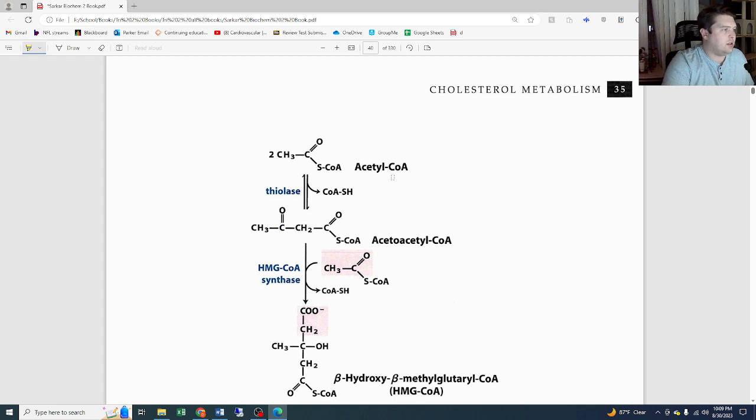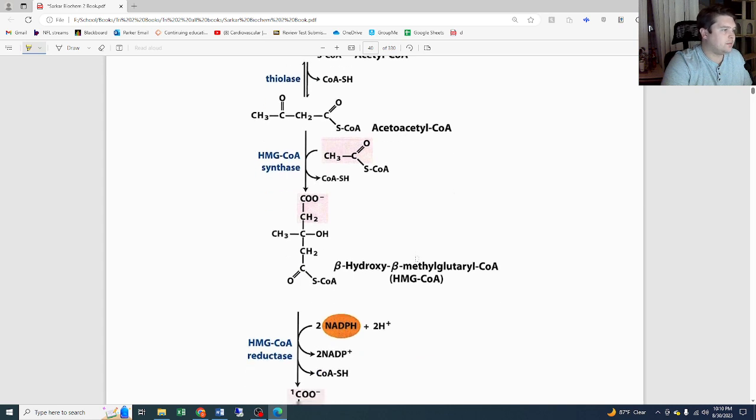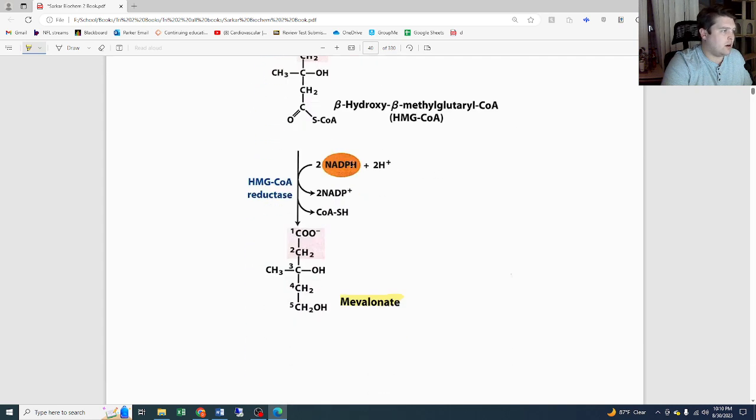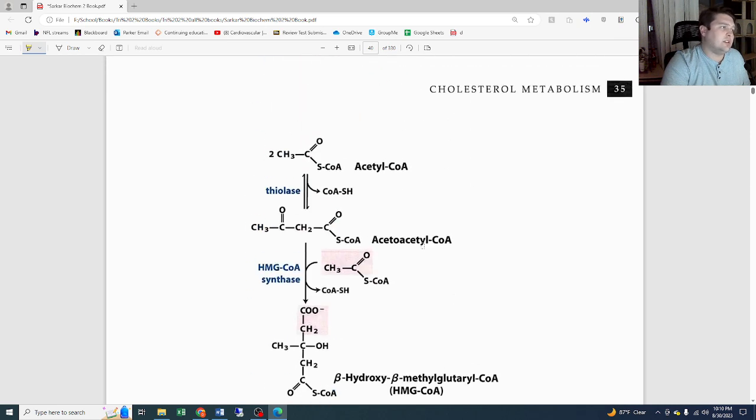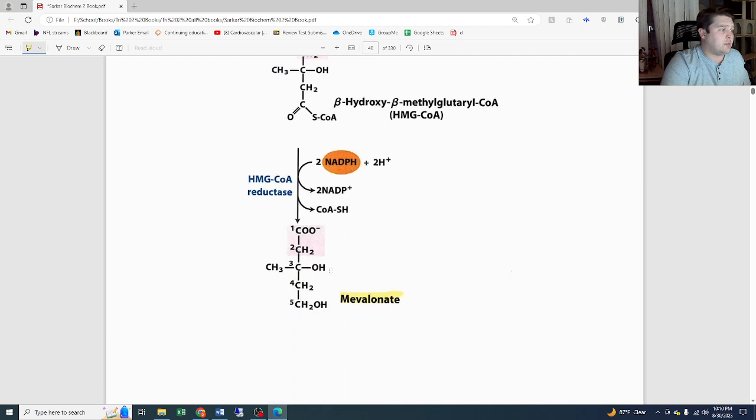We have an acetyl-CoA, we have our thiolase, we have our HMG-CoA synthase. Then using the HMG-CoA reductase with the NADPH, we get to mevalonate. Most of this should be review from last chapter, from chapter 2.